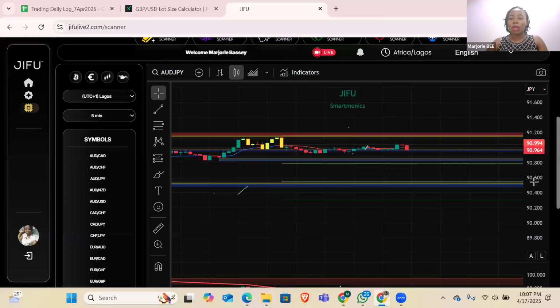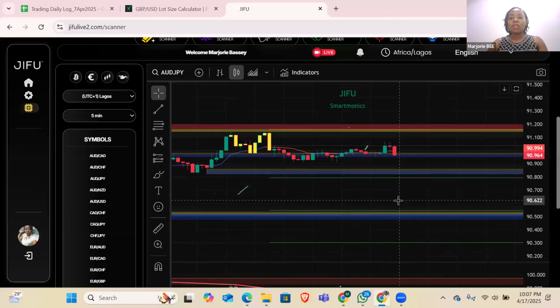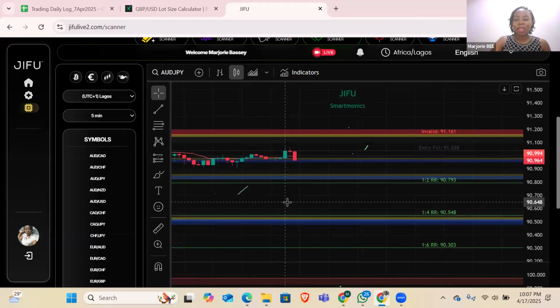So now, this is the AUD JPY, our trade idea. In this trade, for instance, you can set your profits to this zone, your 1 to 2 RR. Look, there are different blocks here.